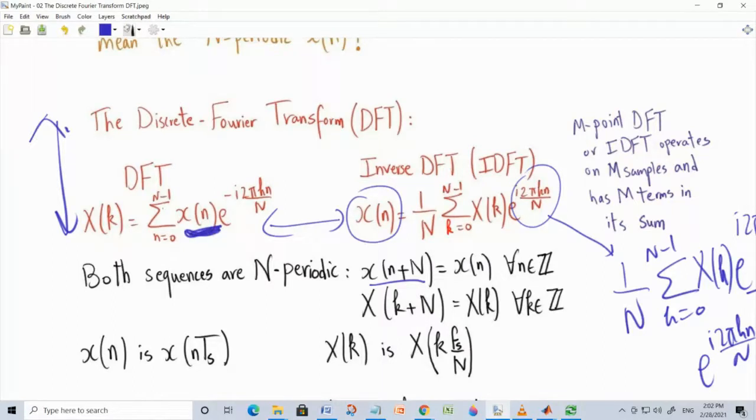Those are the N samples, and your summation is just N terms. Guess what? If you have small x of n and big X of k related using these two sums, both are periodic with period N. So in reality you have a time-limited signal, but once you play with it using the discrete Fourier transform, it becomes periodized.